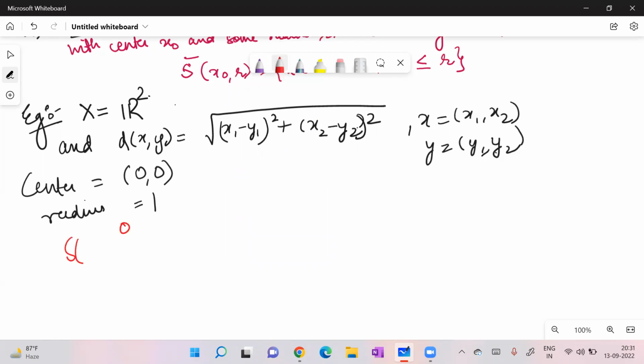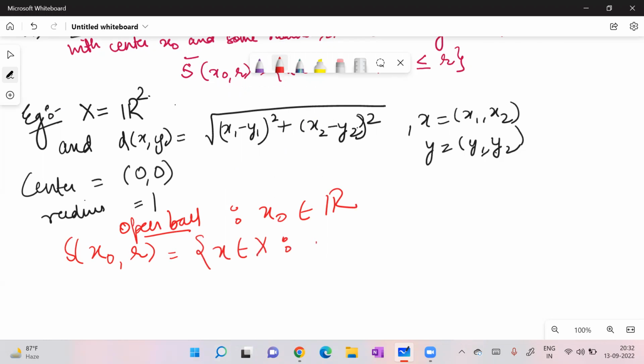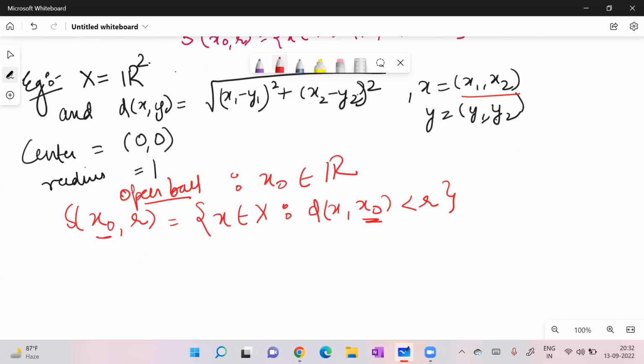If we talk about the open ball, that is S(x0, r), x0 is any element belonging to R square. Okay. So it is the set of all x belonging to X such that the distance between x and x0 is strictly less than r. x0 here is the center, which is (0, 0). And x is any arbitrary point, let's say that is (x1, x2).